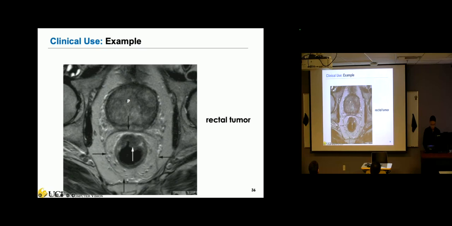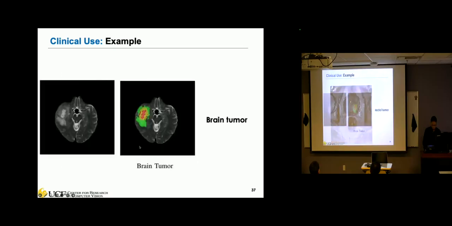And we can also use MRI for rectal tumor detection. We can detect this tumor. And the most commonly used is imaging the brain, so we can do brain tumor detection as well. This is a very common, popular task, using brain MRI to do brain tumor segmentation.